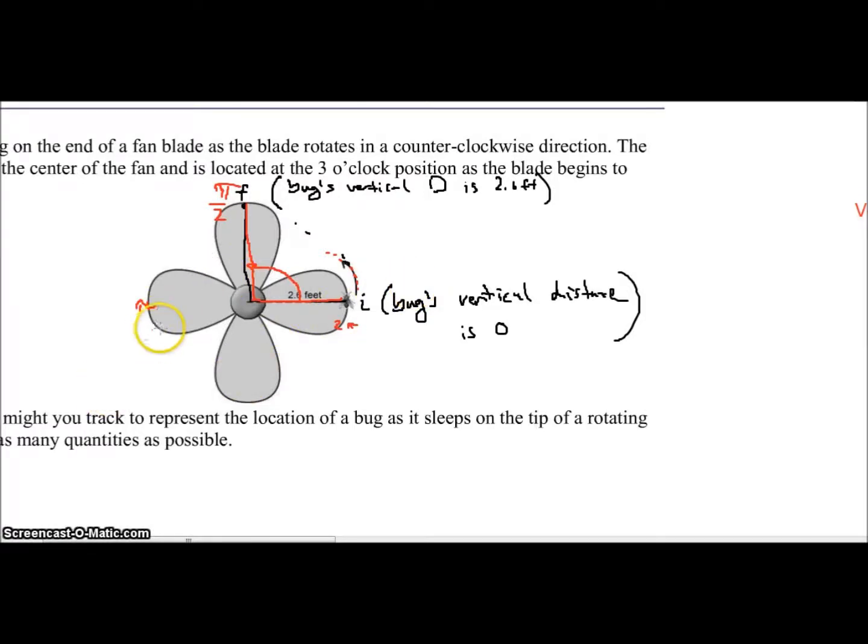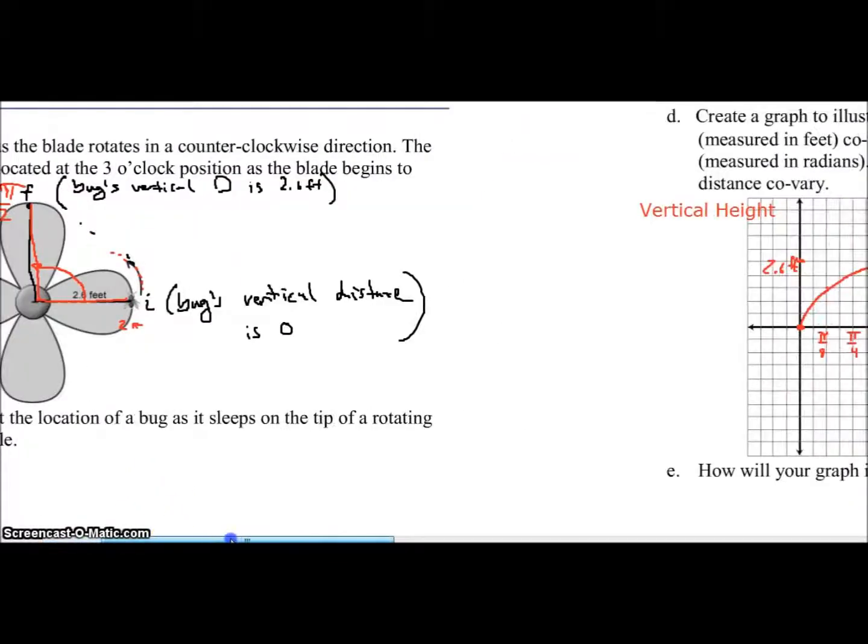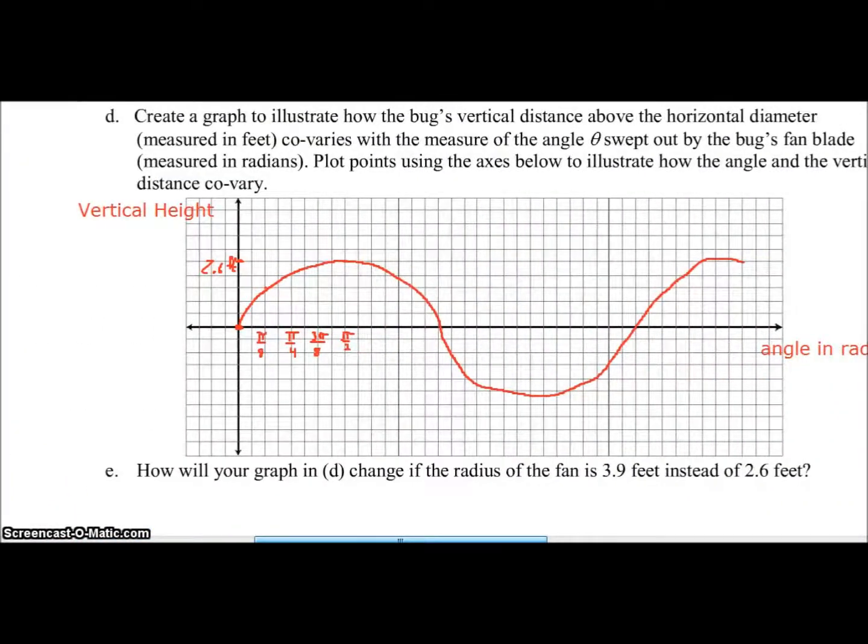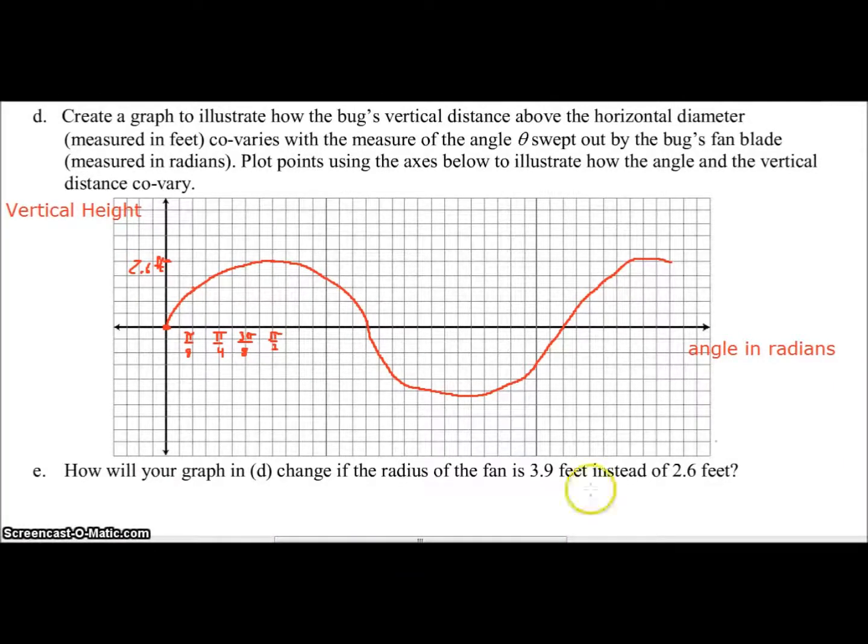As we go to 12 o'clock, we're at pi over 2 radians, and that's the maximum vertical distance we can have. If the radius was to change to 3.9 feet, this whole graph would be shifted up a bit. It would start here at 0, and we would go up higher, because 3.9 feet would be somewhere up here.